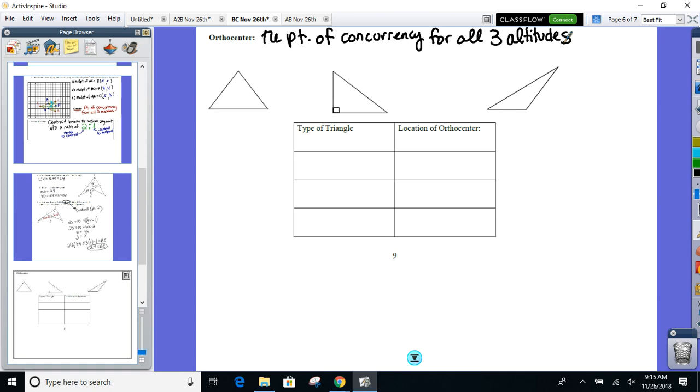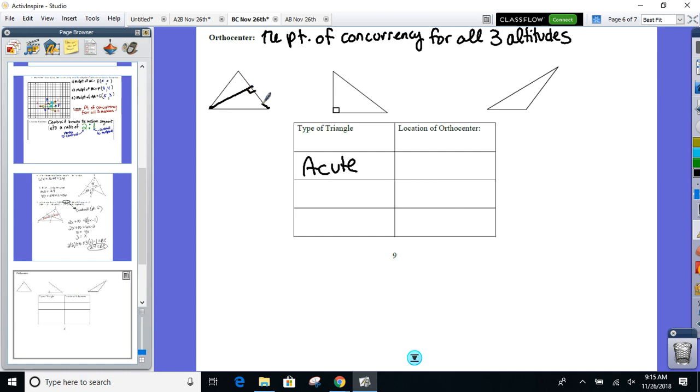Where would the orthocenter be located? Because it is not always inside the triangle. Let's first start with an acute triangle, which I have right here. If you think about an acute triangle, and if I drew in all the altitudes, does everyone agree they would be located inside the triangle?